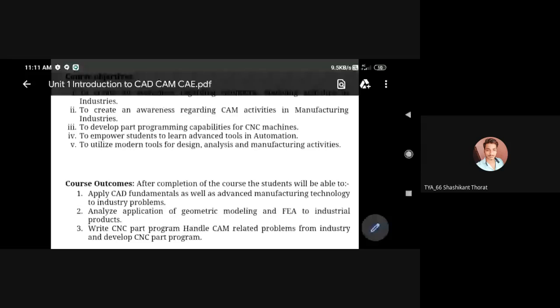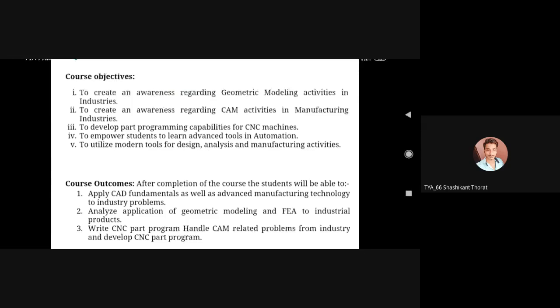Next is to empower students to learn advanced tools in automation, so we have to study all the practical tools. Due to the COVID situation, we were not able to resume in our college, so we have finished only the theoretical part.